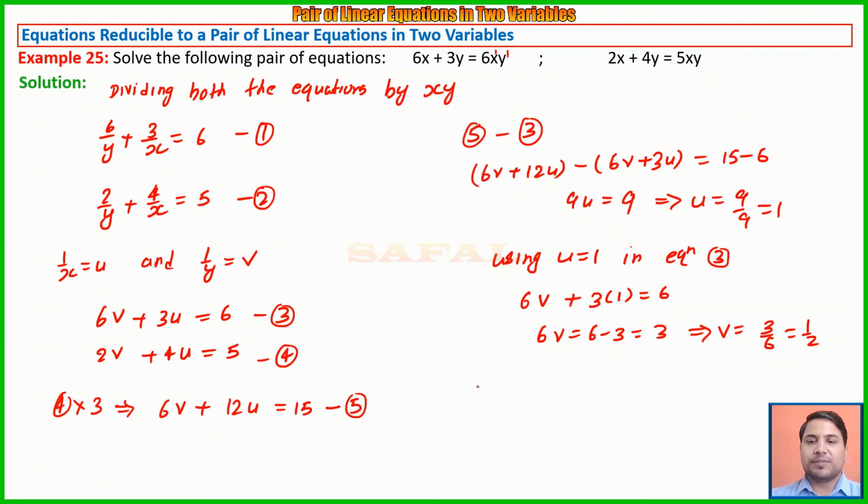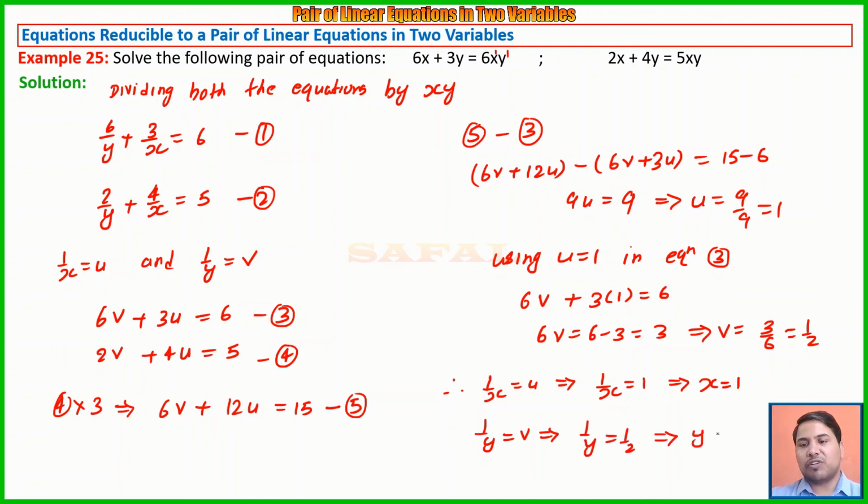So from here I can see that 1 by x is u, so 1 by x equals 1. So the value of x is going to be 1, and 1 by y is v, and v we have got as 1 by 2. So this will give me the value of y as 2.